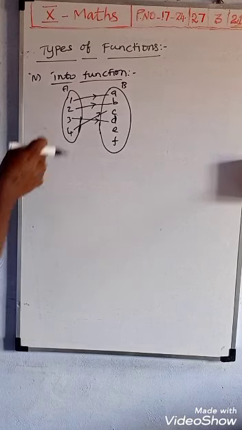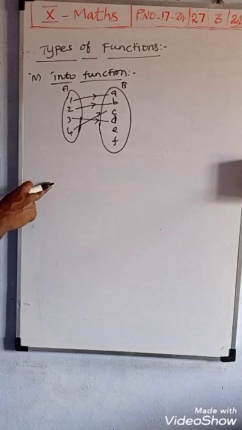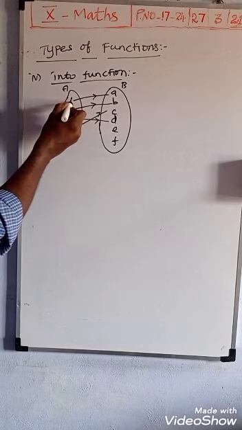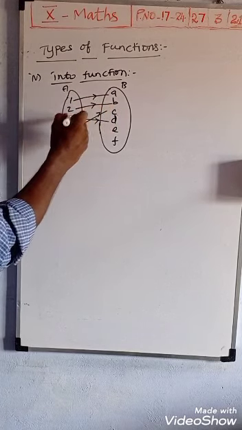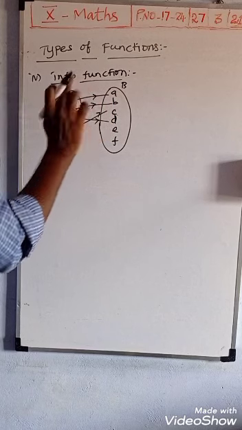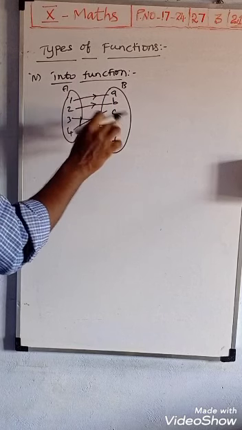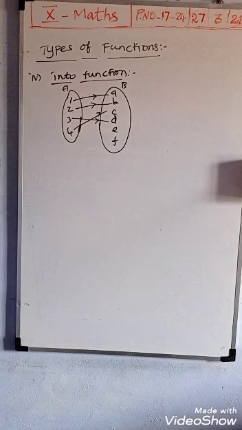Okay, so while seeing itself we can find it is one-one also. Yes, so distinct elements in A have distinct images in B. So 1 has a distinct image, 2 has a distinct image, then 3 has a distinct image, 4 has a distinct image. Okay, this is one-one also we can tell. And then how we tell this is an into function means this definition.